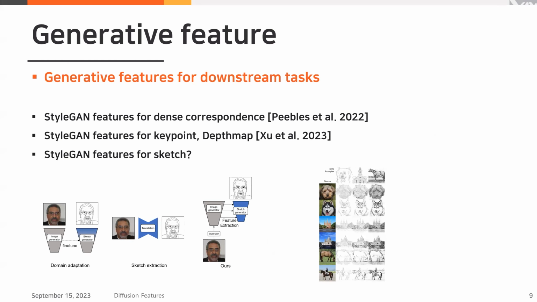It has also been used in different tasks such as dense correspondence, keypoint detection, and depth estimation. Also, extracting sketches utilizing GAN features may be a good approach since GAN features have well-aligned rich information.